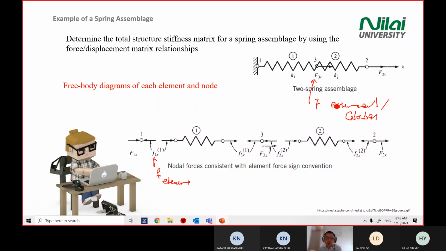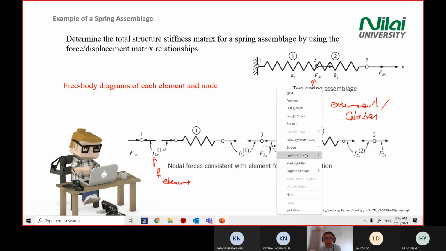Be careful, there are 2 notations: capital F and small f. Once you are clear on the numbering or notation, you should have no problem in the analysis. The rest is just mathematical steps.